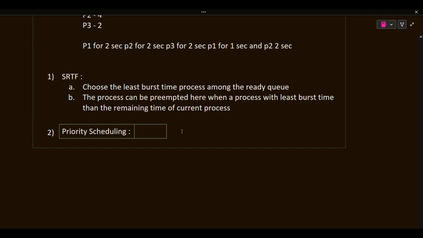These processes have higher priority than the processes running in the background, like managing the memory slots, etc. So the moment a process with the highest priority comes into the ready queue, the current process will be preempted out of the CPU and the process with the highest priority will be executed.